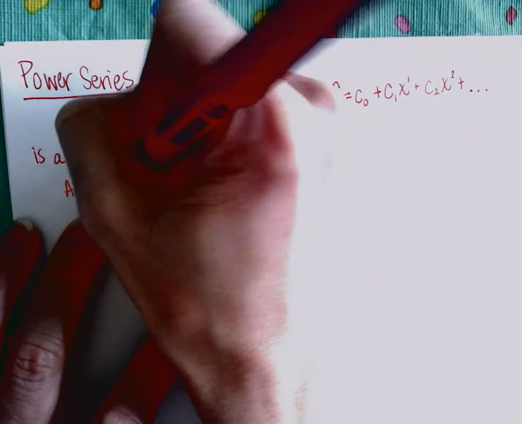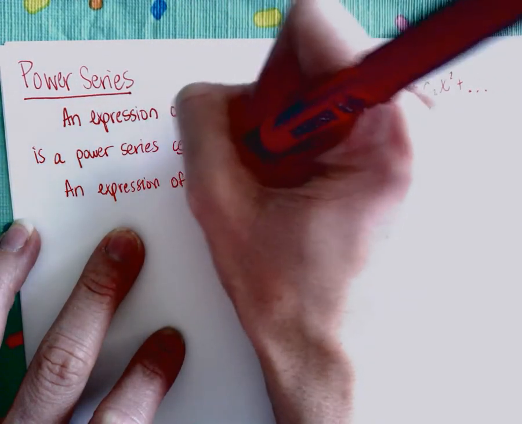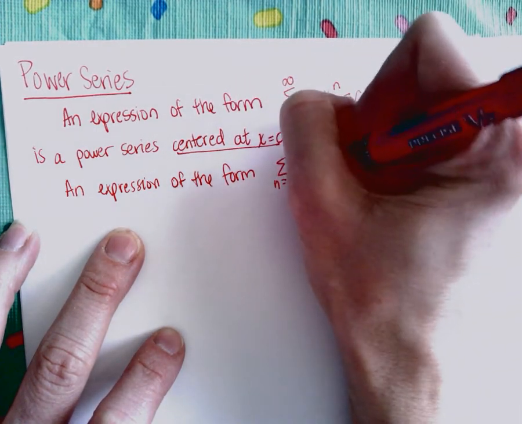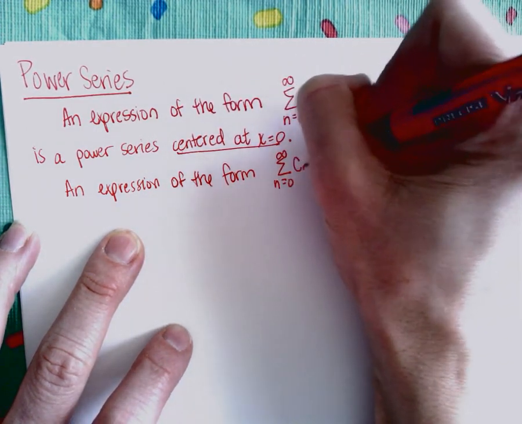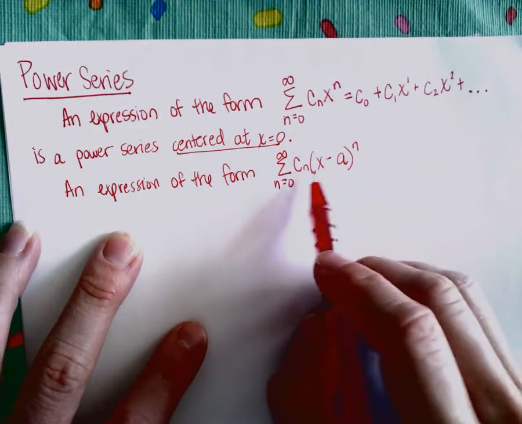So an expression of the form the sum from n equals 0 to infinity of c sub n times x minus a to the n. Notice now I've shifted over a units.